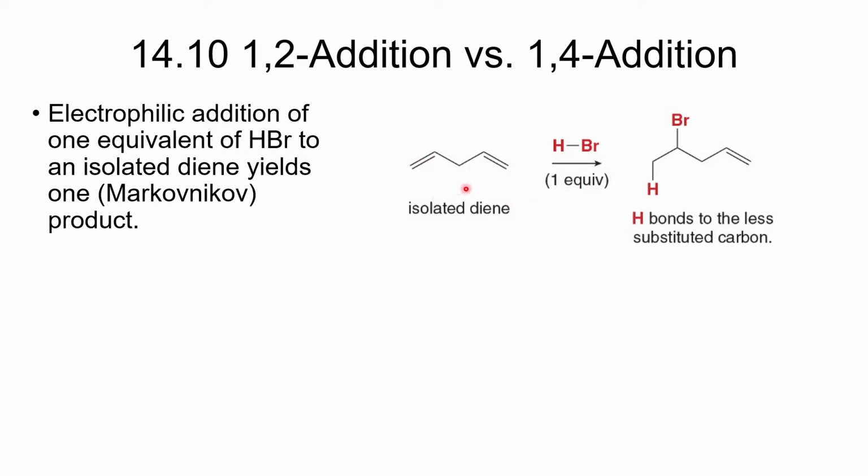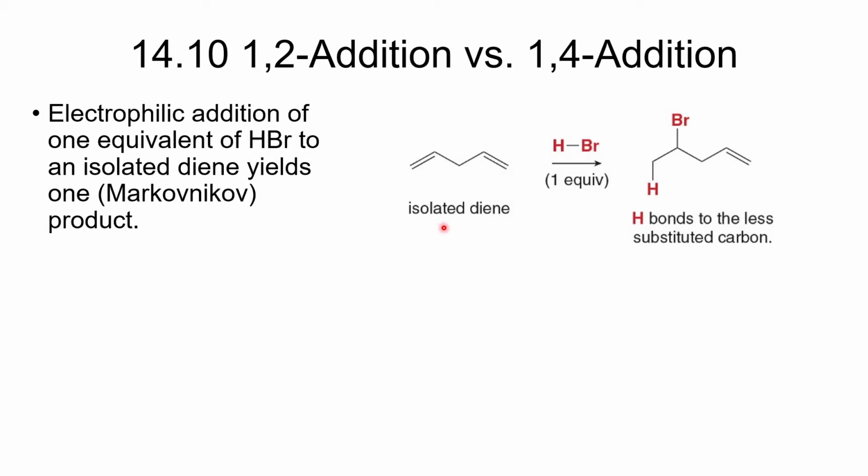That is, the hydrogen is going to go to the carbon that has the most hydrogens already. You may remember the reason for Markovnikov addition was because it gives a more stable secondary carbocation. And that is still true. We talked about that in the chapter on radicals.